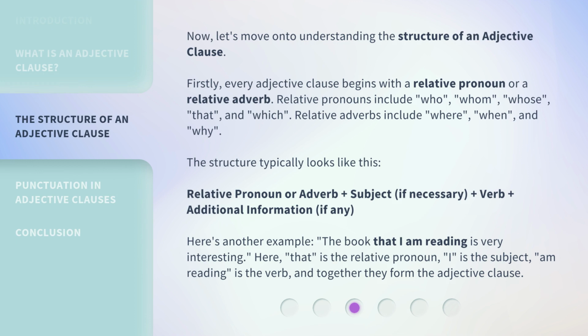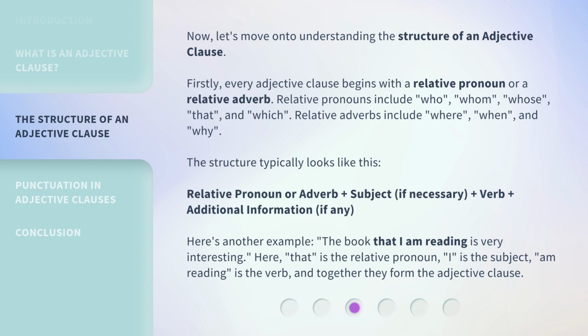Now, let's move on to understanding the structure of an adjective clause. Firstly, every adjective clause begins with a relative pronoun or a relative adverb. Relative pronouns include who, whom, whose, that, and which. Relative adverbs include where, when, and why.